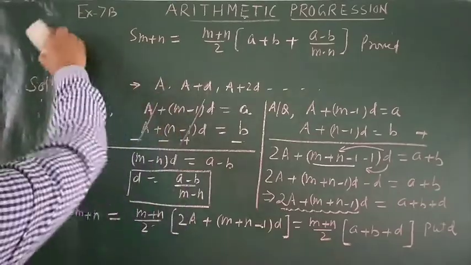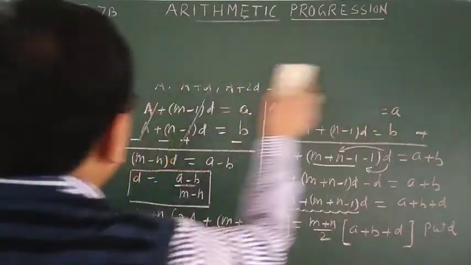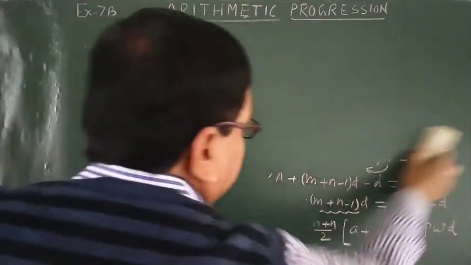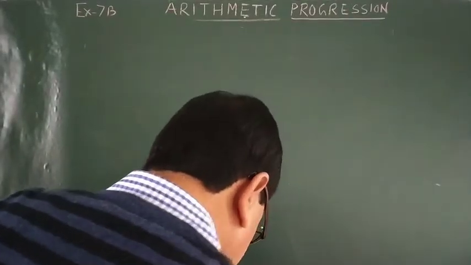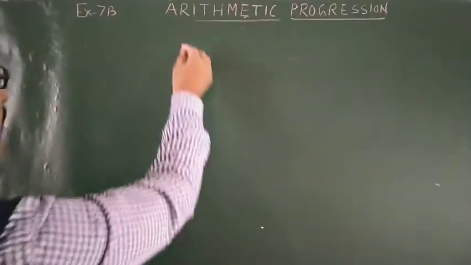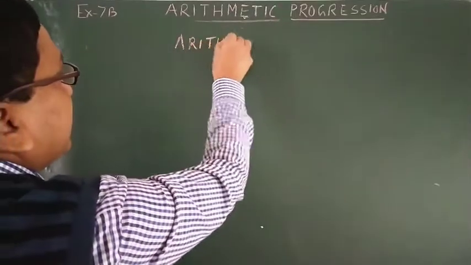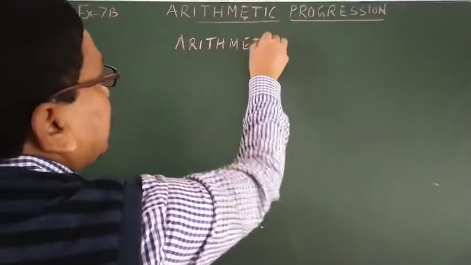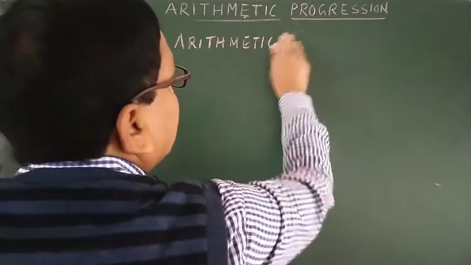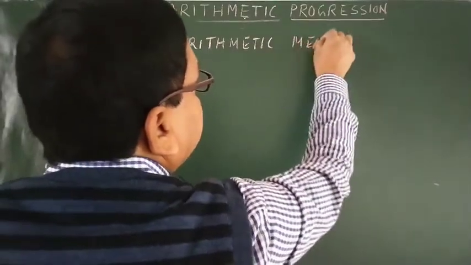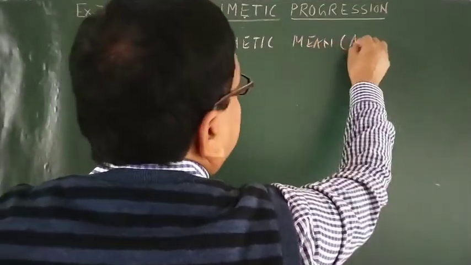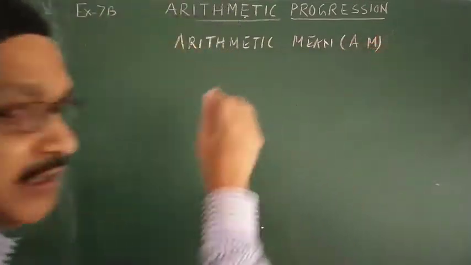Now moving towards another, the new thing, arithmetic mean. Arithmetic mean is symbolized by A. So what is the arithmetic mean?